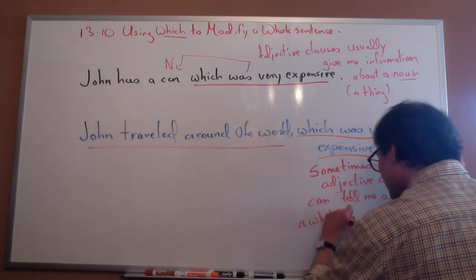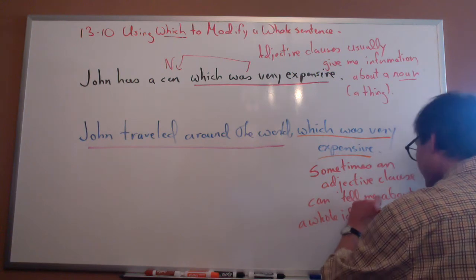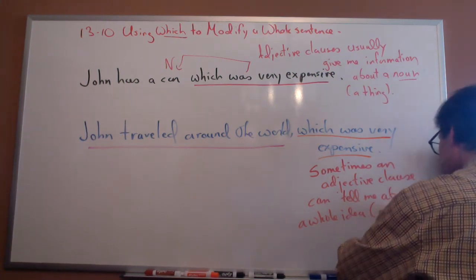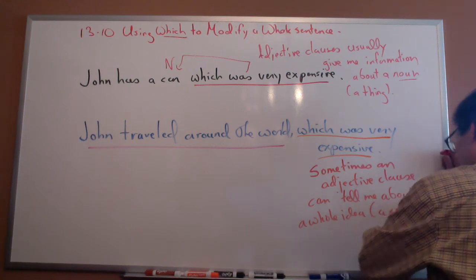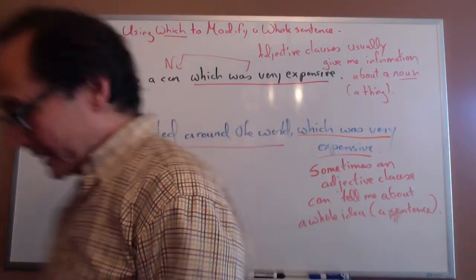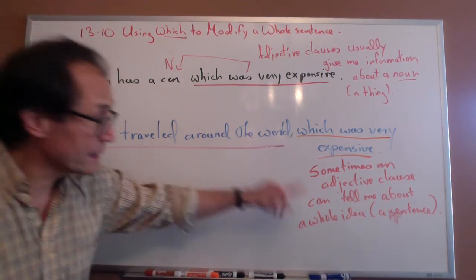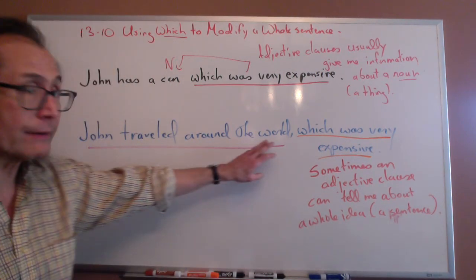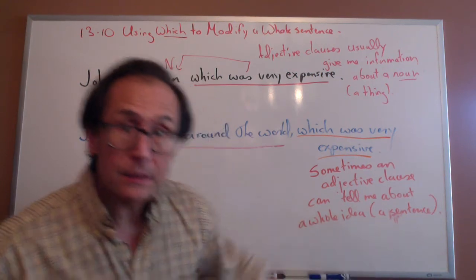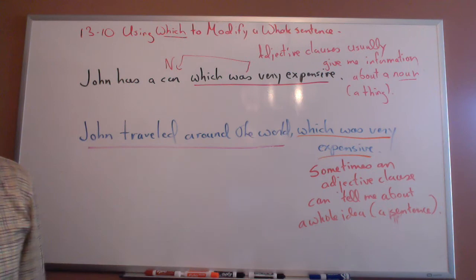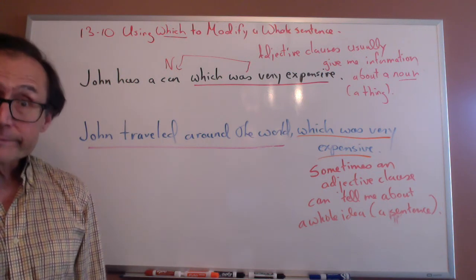Or I could say, a sentence. So if I come over here and I say, John traveled around the world, that's a whole idea. John traveled around the world, that's a sentence. So, which was very expensive tells me about this whole idea. How is that?